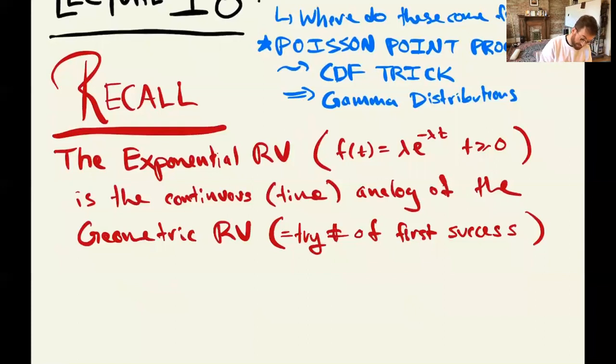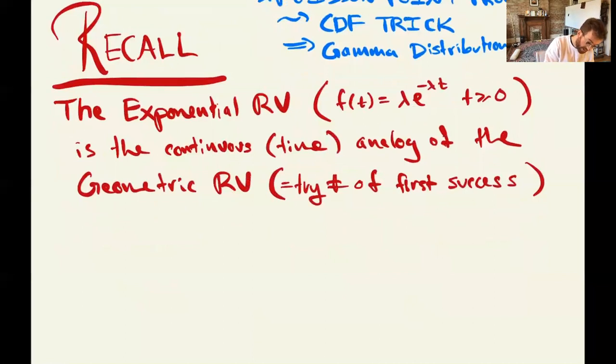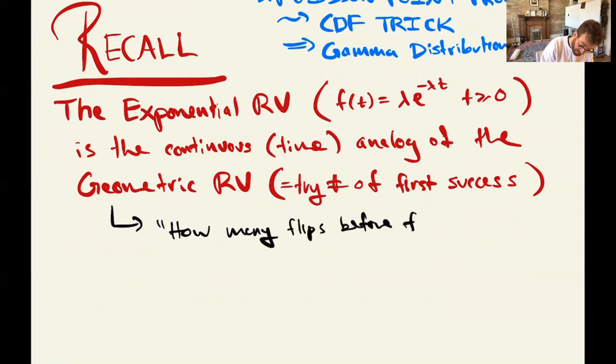The geometric random variable handles questions such as, how many flips do I need to do before I get my first heads? And notice here, we're just looking for the first instance of something, whereas with binomial, we're trying to count several.